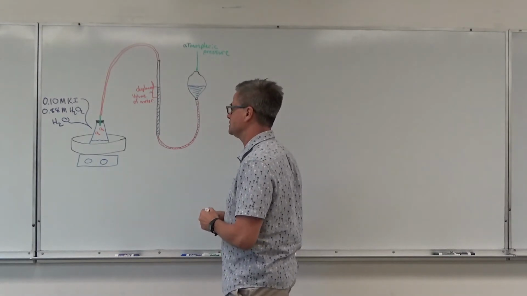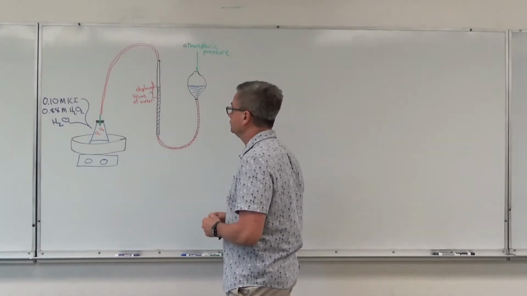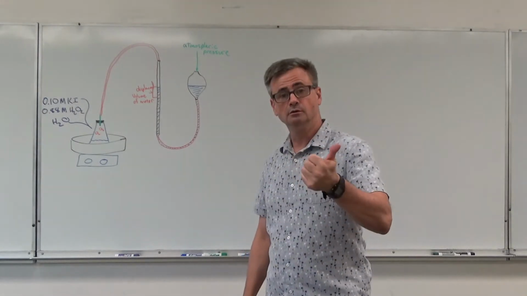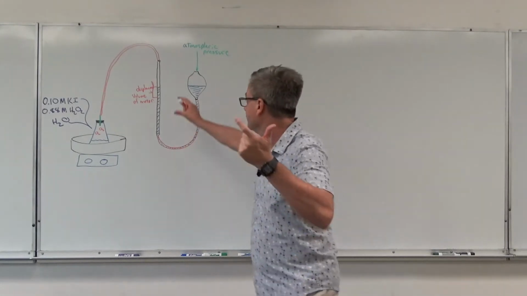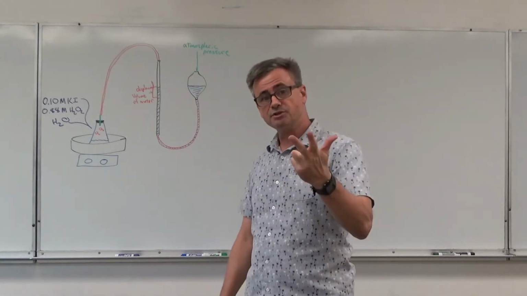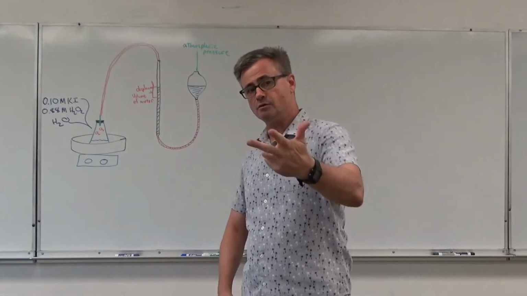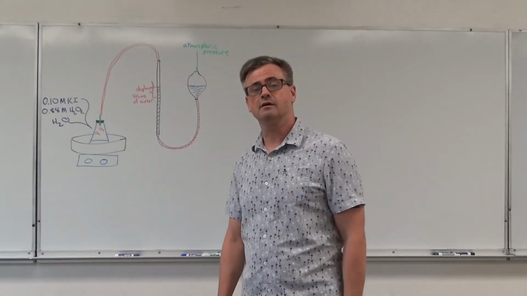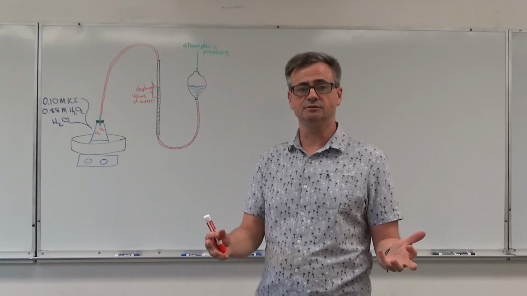So we use the reaction temperature. So we know pressure, volume, and temperature. If we know those three things and we know our gas constant, then we can figure out the moles. That's the beauty of the ideal gas law.